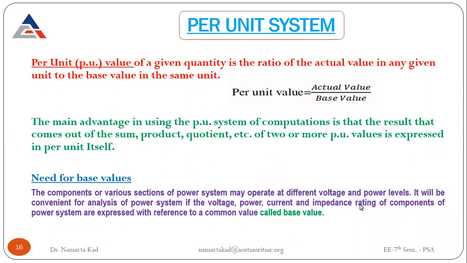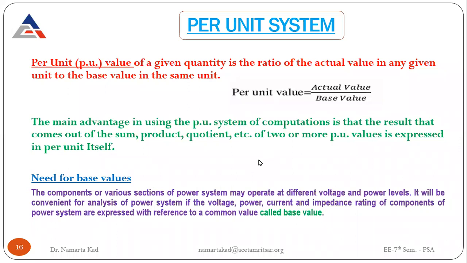Or you can set the same common base value for the whole system also. So this is also okay. The base value is first assumed, and then the per unit values are calculated as per the actual values given on that particular device.